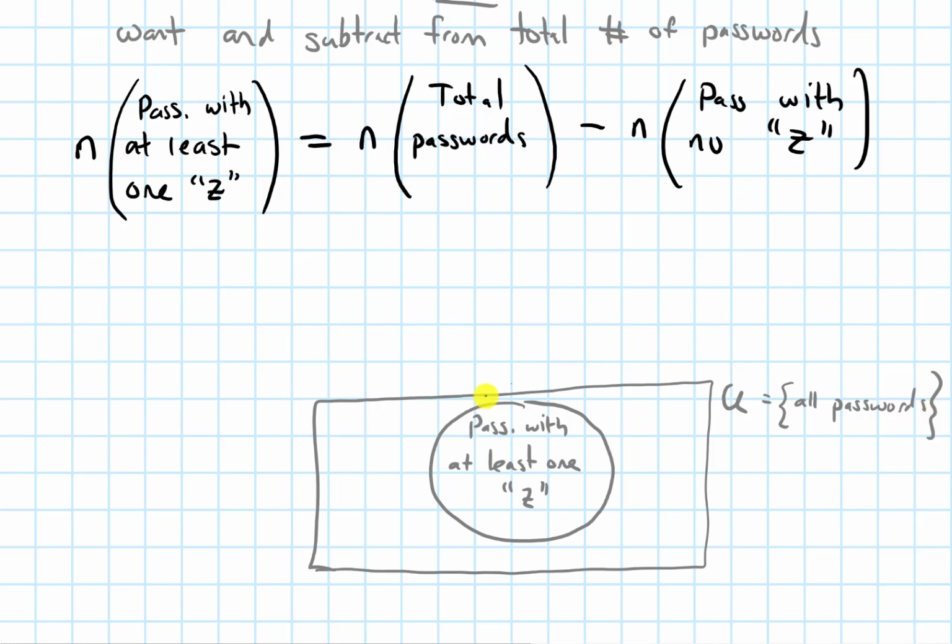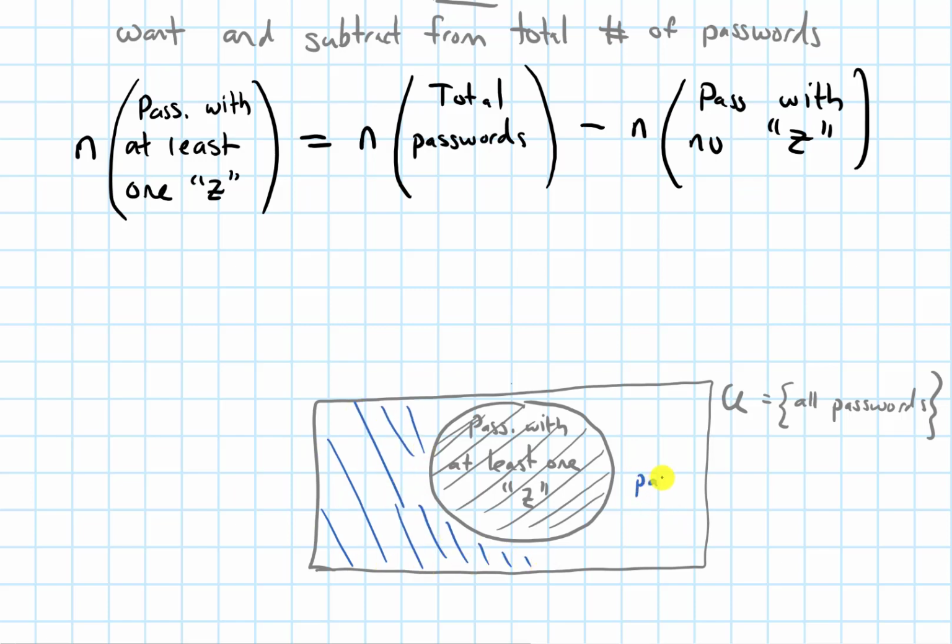So the way we're going to figure out the number of elements in this set is we're essentially going to count the number of elements in U, which is all possible passwords, and subtract away the region outside of the circle. So the region outside of that circle is the passwords with no letter Z. We're going to subtract those away from the whole rectangle, and that'll leave us with the number of elements in that circle inside, which is what we care about here.